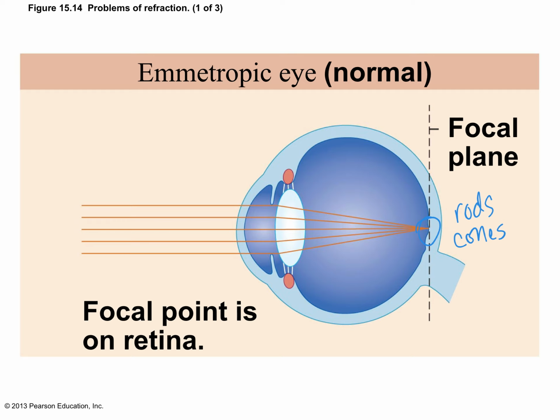Rods fire signals to let you know when it's dark. So when your eyes are closed, your rods are on, sending action potentials. And cones are what turn on when you move into bright light. And those are the ones that allow you to see color. So we have a really high concentration of them back here on the fovea. We still have them in other areas which allow us to see peripherally.